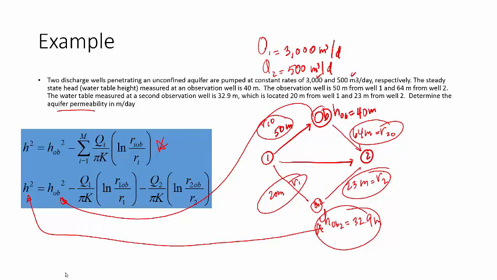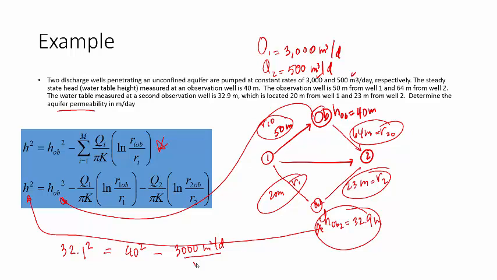Again, I'm not going to solve the equation, just leave it expressed. So 32.1 squared is equal to 40 squared, and then Q1, which is 3,000. I'm leaving it at 3,000 cubic meters per day, so your permeability has to be in meters per day.